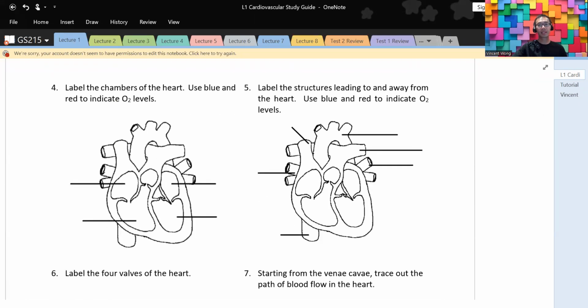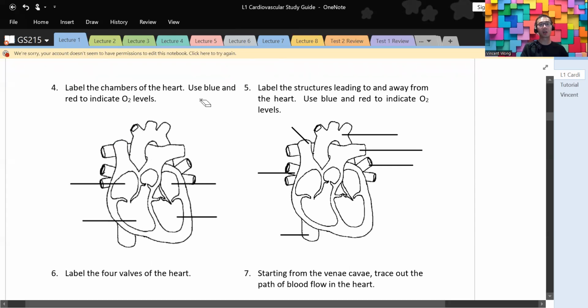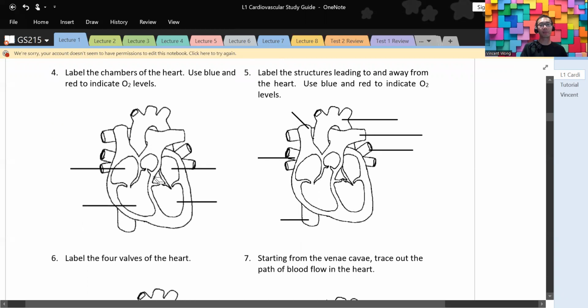Let's color this thing. Label the chambers of the heart. Use blue and red to indicate the O2 level. Remember, we are looking at it from the front, and this is a frontal section, a section that you cut this way, so it separates into front and back. And so over here we have the right atrium.